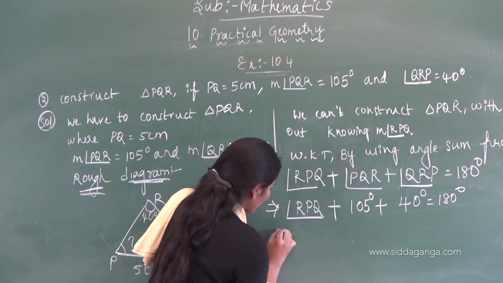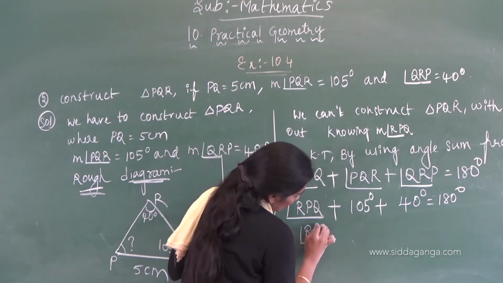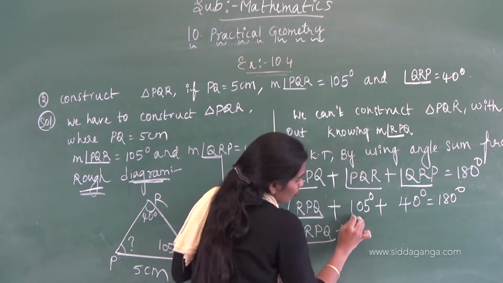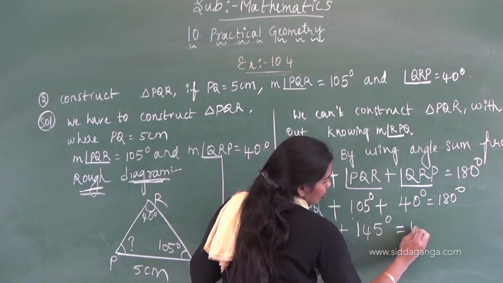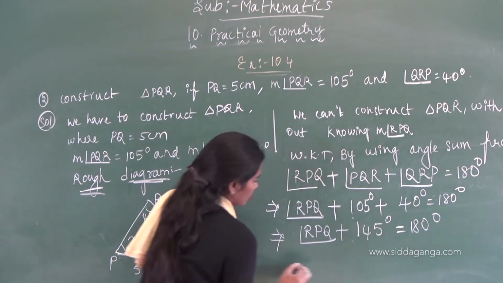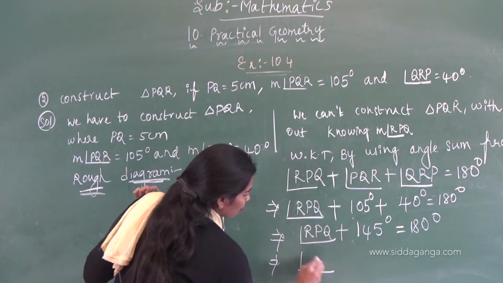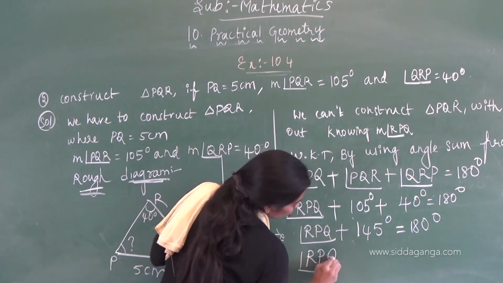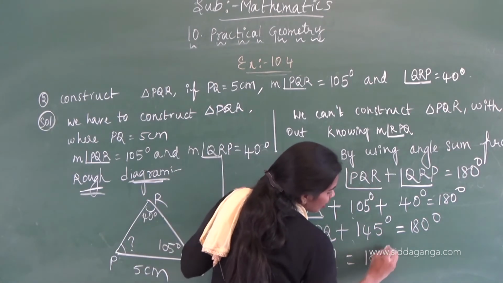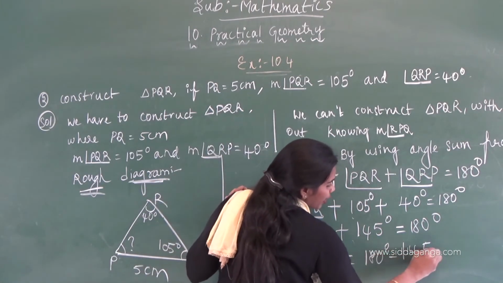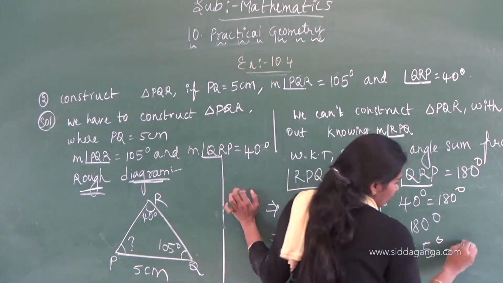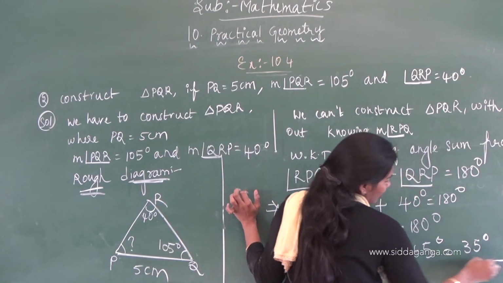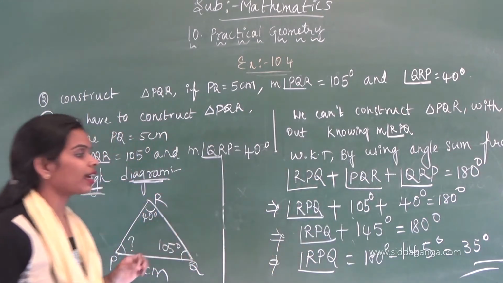Just finding angle P here: 105 plus 40, 145. That implies angle RPQ equals 180 degrees minus 145 degrees. What is 180 minus 145? 35 degrees. Correct?